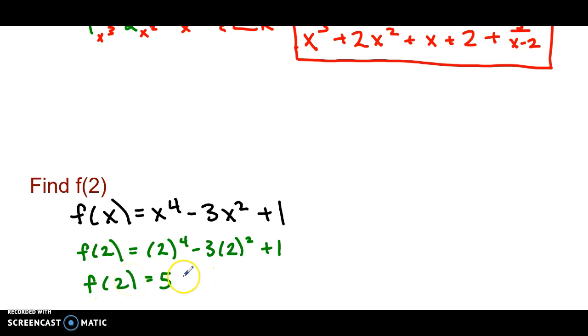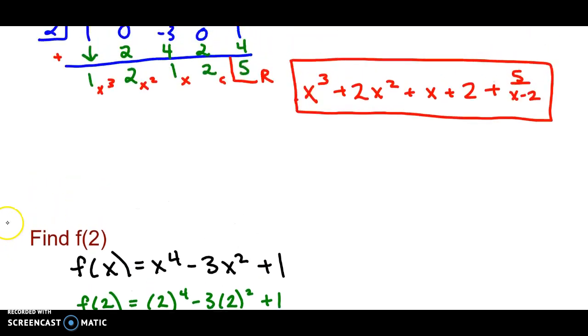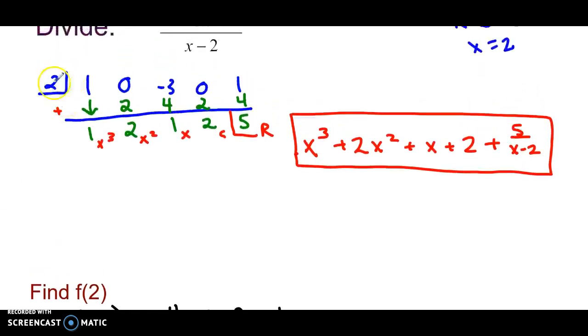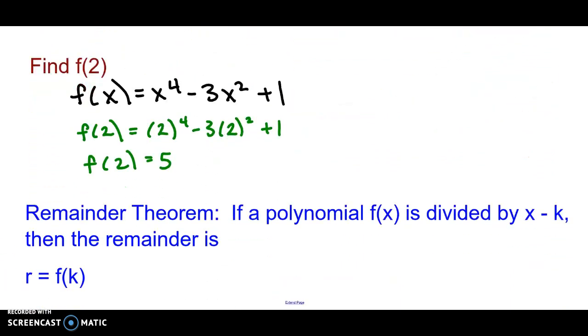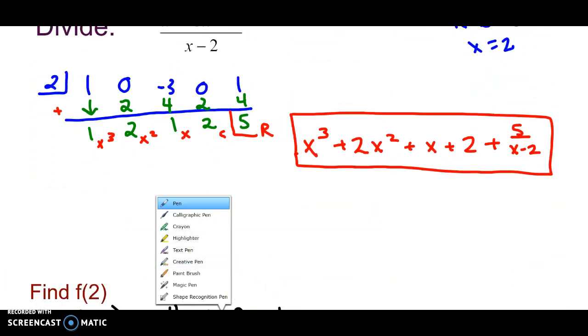Now, where else have we seen 5? Well, if you go back to our synthetic division, remember the remainder was 5. And also, what did we synthetically divide by? 2. Super interesting. That leads us to our remainder theorem.